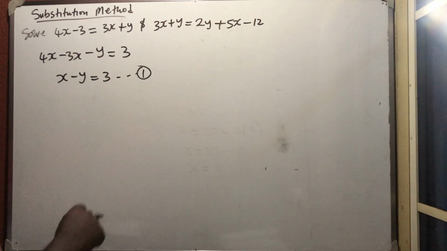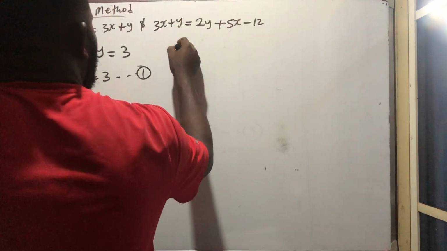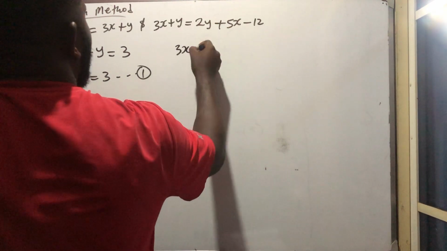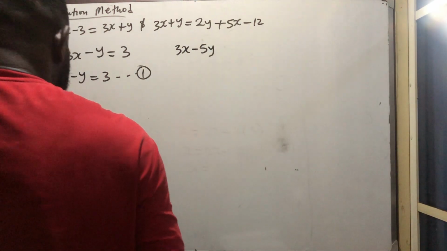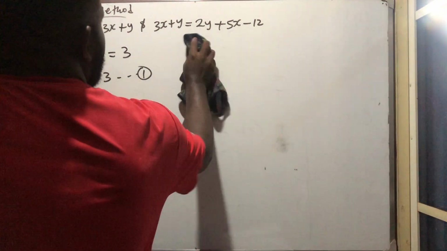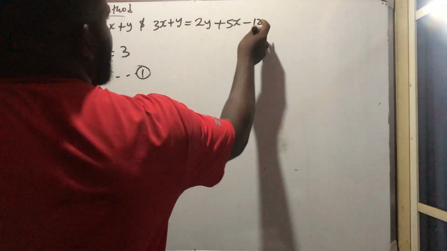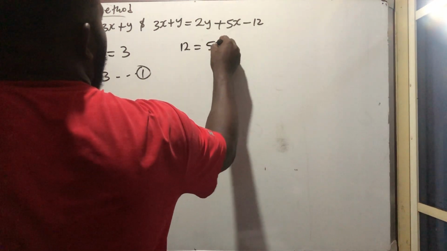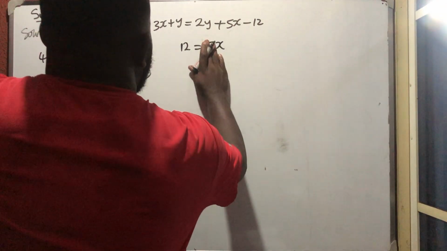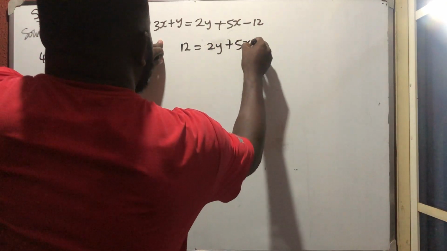Okay, now let us do this one, the same thing again. Since the variables here are big, let me move them to here, then this one to this side. So this one coming here, I have 12 is equal to 2y plus 5x, that already here.